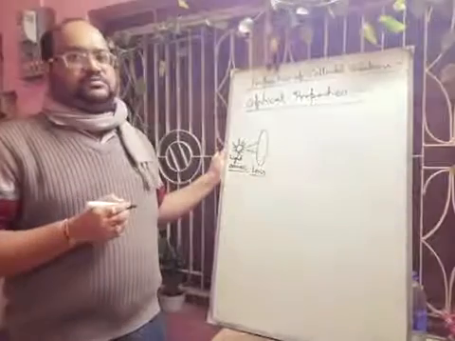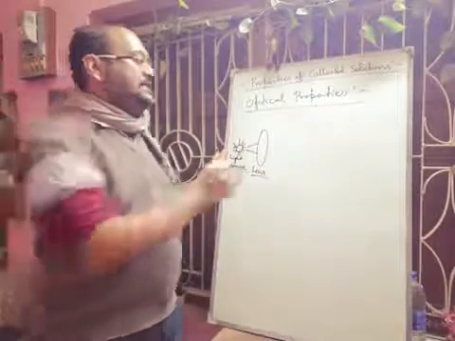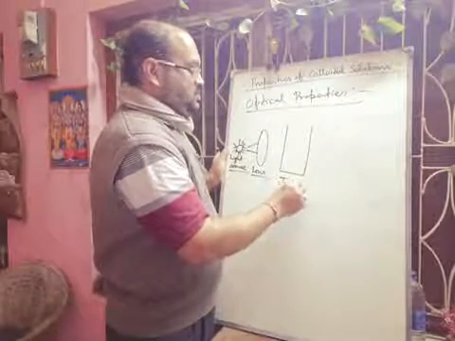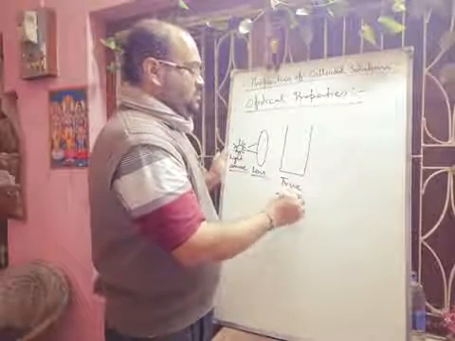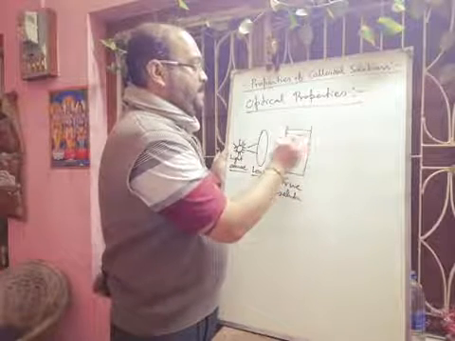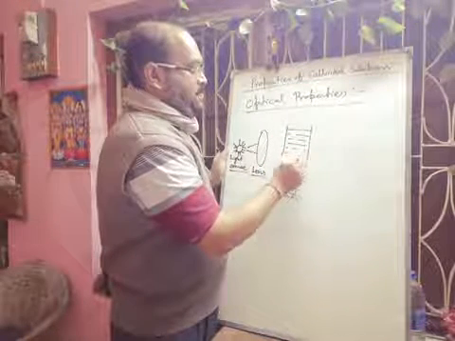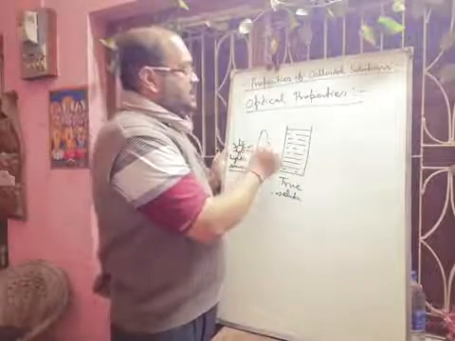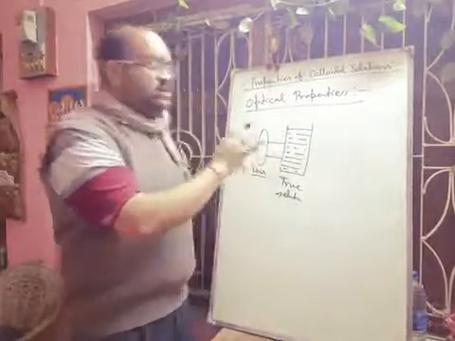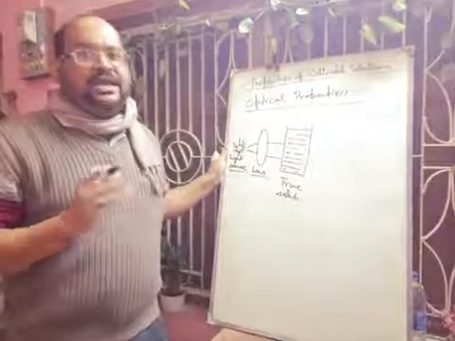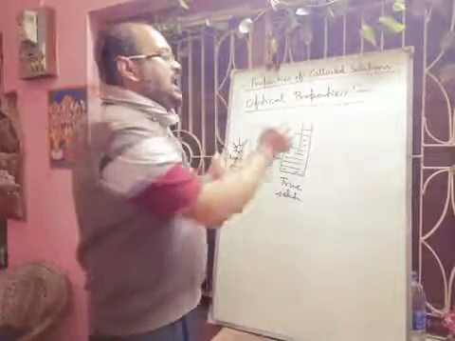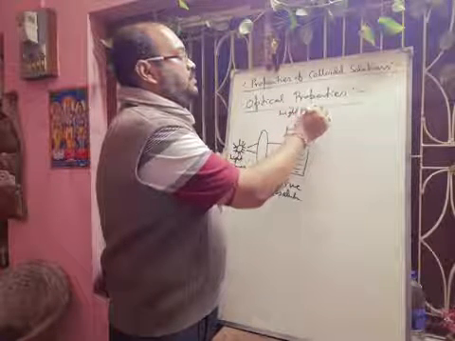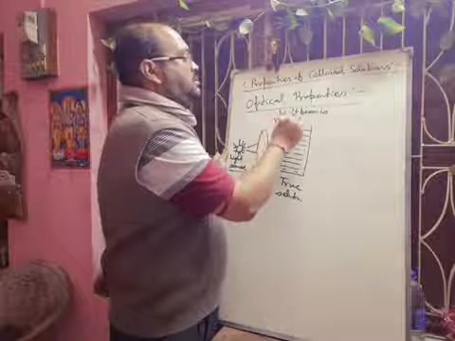Now, if we take some true solution, this one is the true solution, then this light will pass through this true solution, but the light beam will not be visible here.